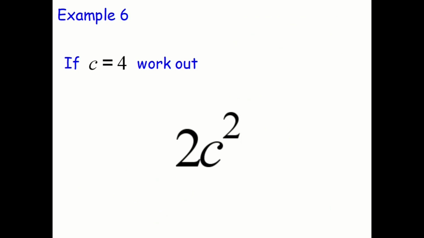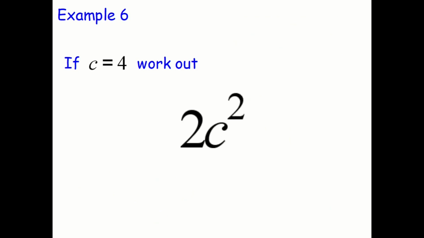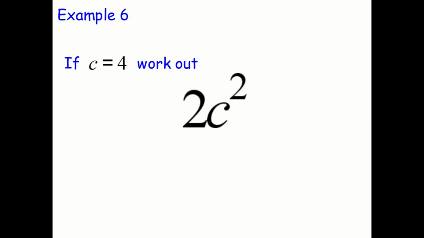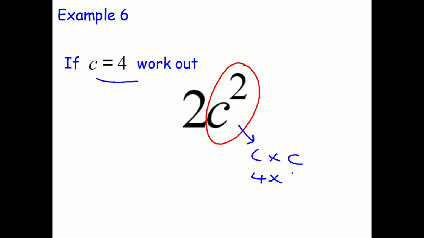Example 6, if c equals 4, work out 2c squared. Now, this is a place where lots of students trip up, okay? Because what students do is they do 2c and then they square it, but that, unfortunately, is not what you do. BIDMAS tells us to do any brackets first and then indices second. So you actually do the c squared bit first, and c squared, remember, means c times c, which in this case is 4 times 4.